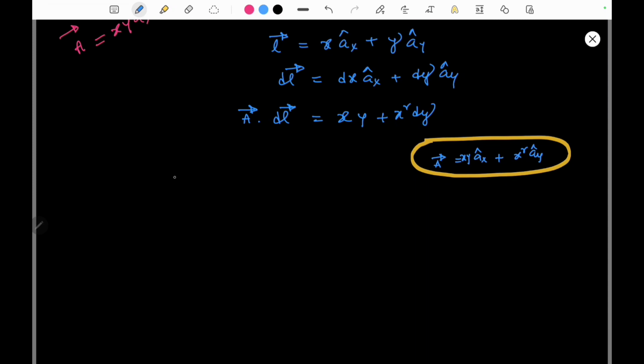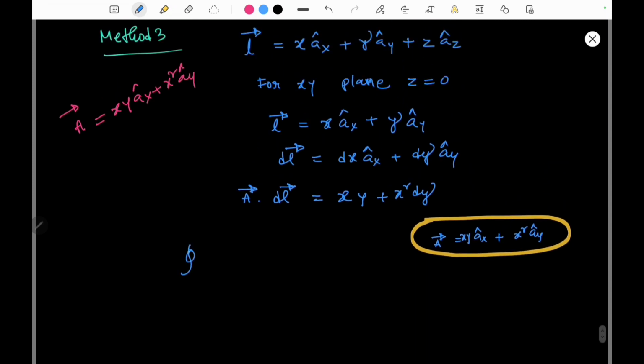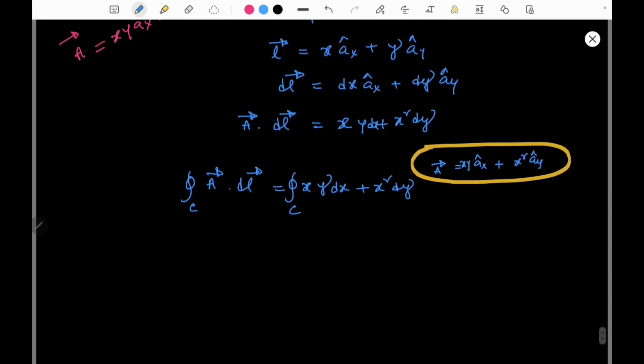So now what we need to calculate is the closed integration of A vector dot dl vector equal to xy dx plus x square dy, sorry, dx will come here also. This one we need to find out.